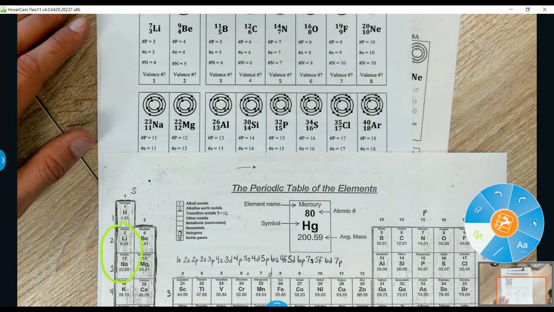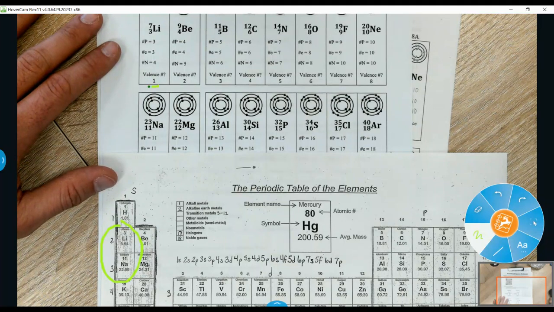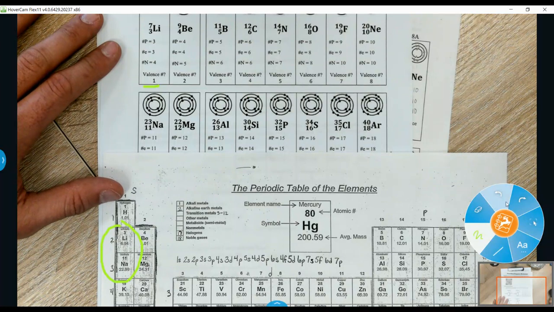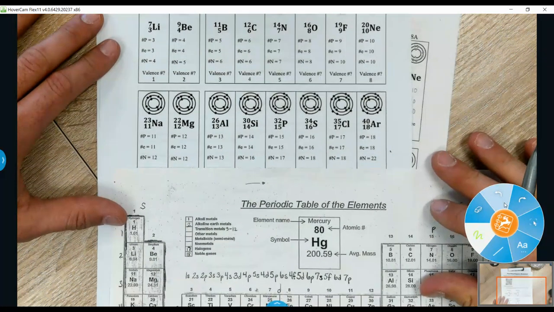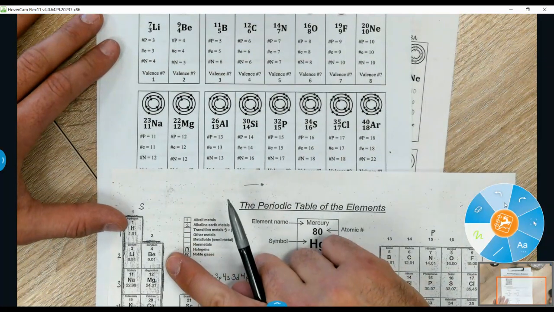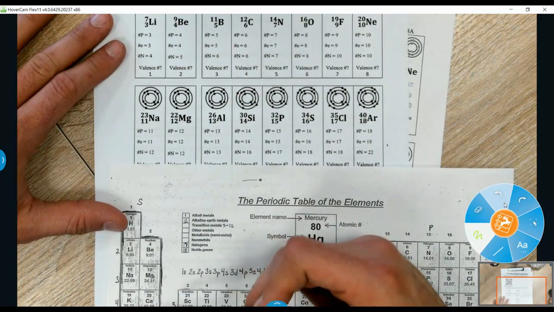Yeah, they're in the same group. How many valence electrons does lithium have again? 1. And then how many does sodium have? 1. Interesting. Beryllium has 2 valence electrons, and so does magnesium.